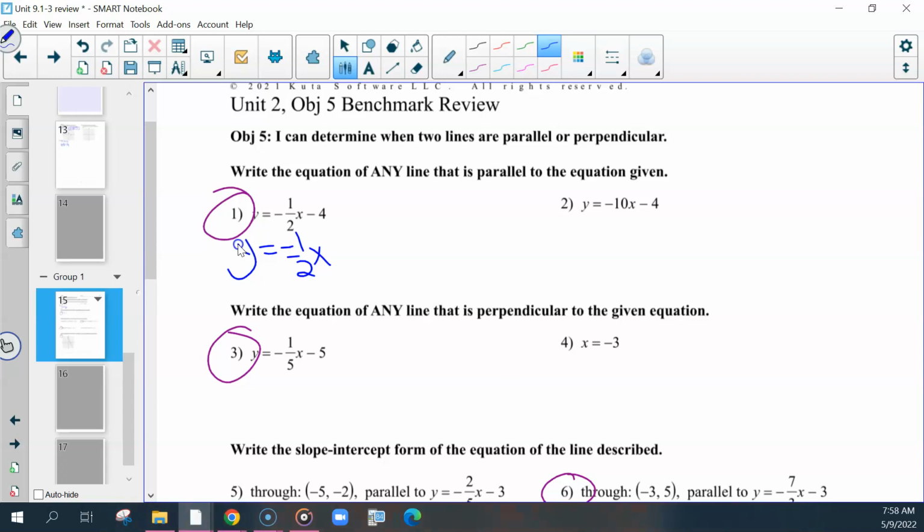So, not negative 4. Where's your sheet? It's a separate paper. It should be the last. It's not the same. What is this? That's it. We have 1. 2x minus 3. I think I gave you this one as well. Who all had that different one?